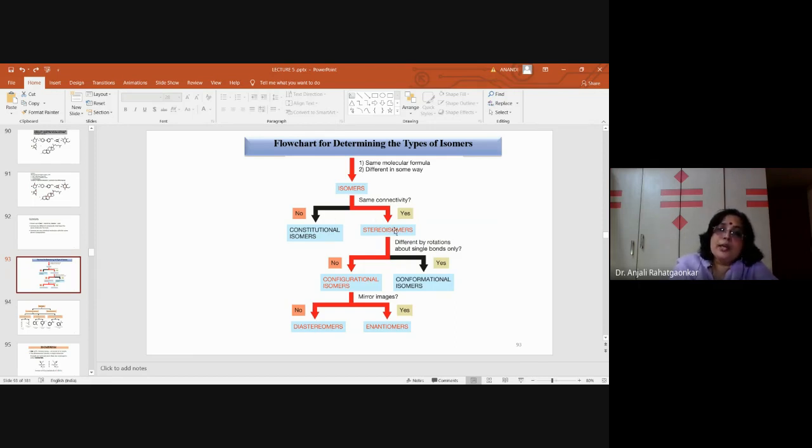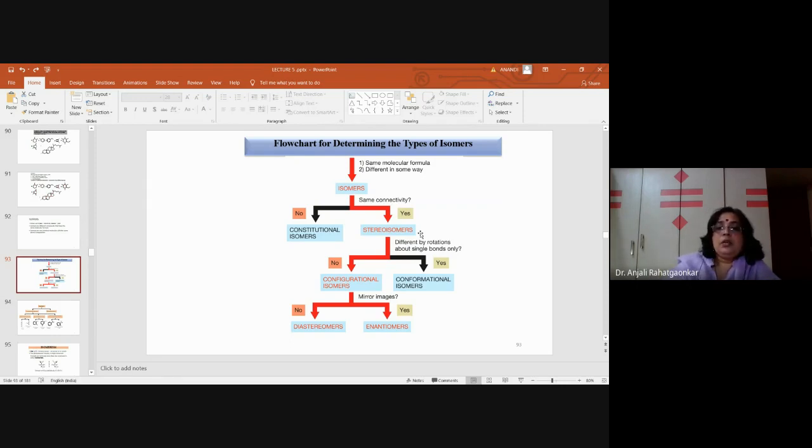So the stereoisomers are different by rotation, meaning the spatial arrangement, as I have discussed earlier. Only because of the spatial arrangement around the C-C sigma bond, the atoms or the functionalities or the groups are differently situated in space or with different angles, and that makes them stereoisomers.